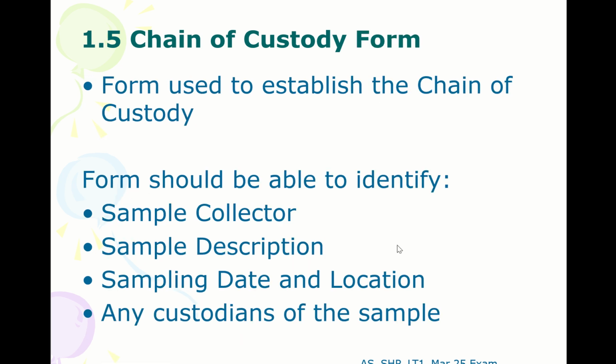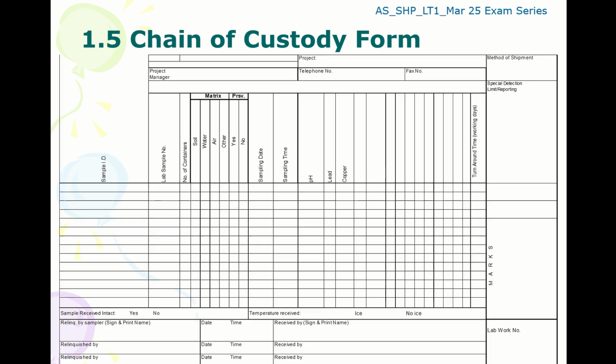Okay, and of course, they also have information like who collected the sample, what is the sample, when is the sample collected, where, and then of course who has access to the sample, any custodians.